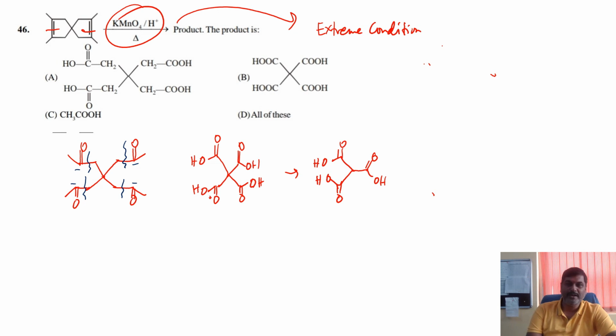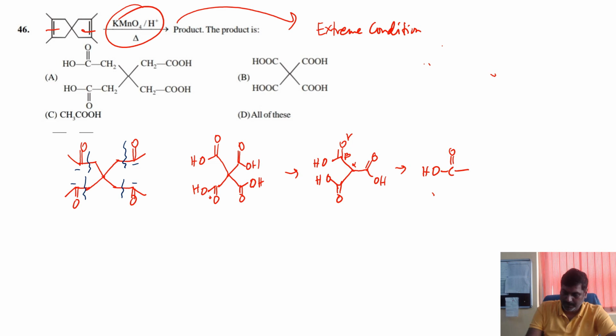Same thing will be repeated on the other side also, because this one is alpha, this one is beta, this one is gamma, and so we find a double bond between beta and gamma. Decarboxylation will take place very easily, and so I write here this side also. This will be C double bond O and OH.